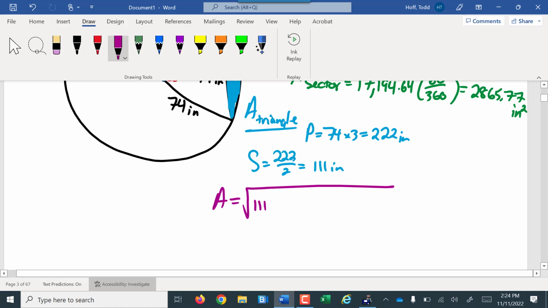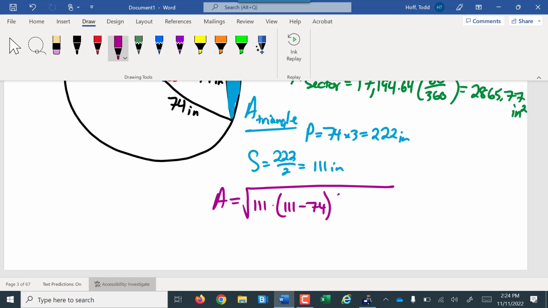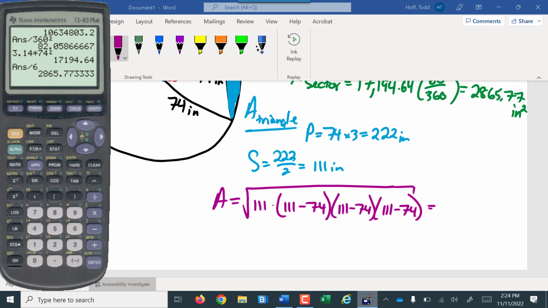Yeah, square root of 111 times 111 minus 74 times 111 minus 74 times 111 minus 74. So square root 111 times 37 to the power 3.